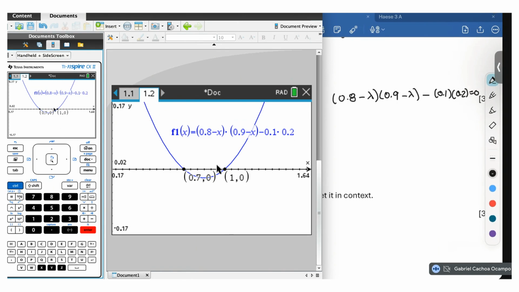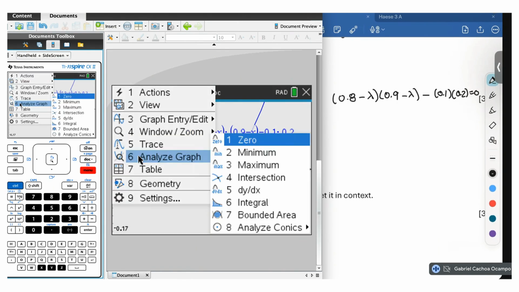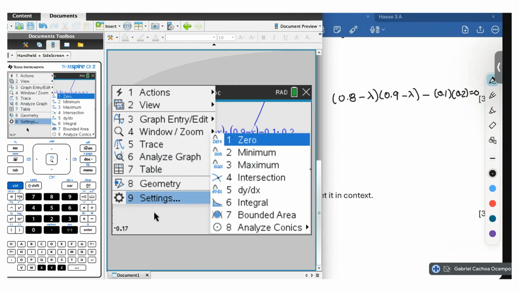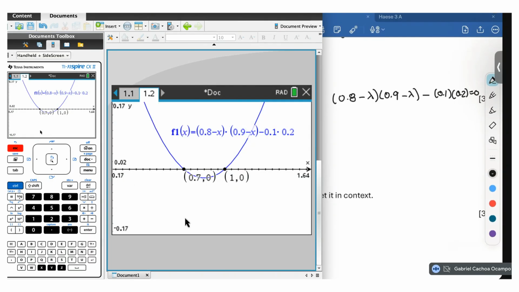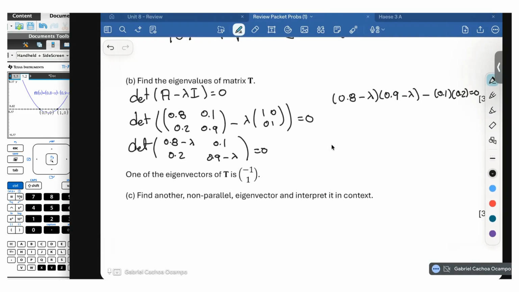Then you analyze the graph, find the zeros, and with this function you find that both eigenvalues are 0.7 and 1. So your eigenvalues are 0.7 and 1.